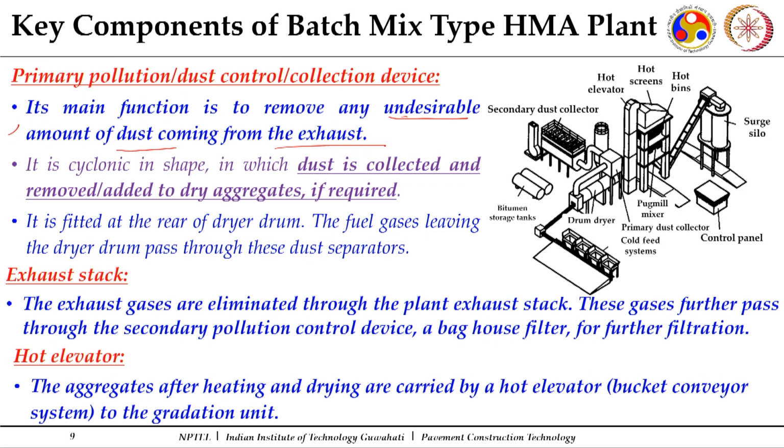The primary dust collection system is basically cyclonic in shape, where the dust is separated out from the exhaust gases using centrifugal force. This can be reintroduced, because if a good amount of dust is getting lost, then the fines in your mix may get reduced.